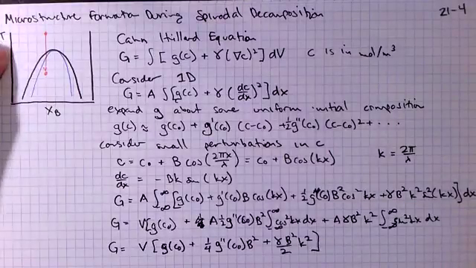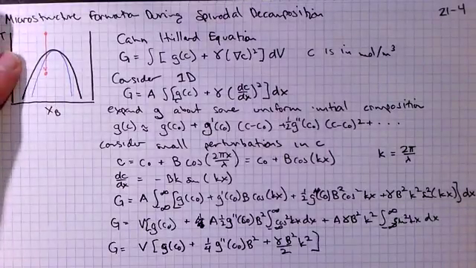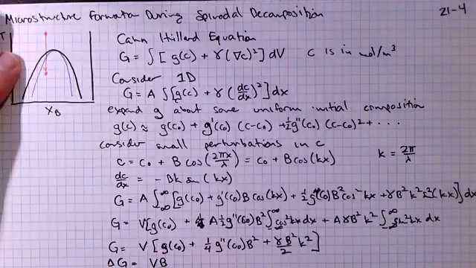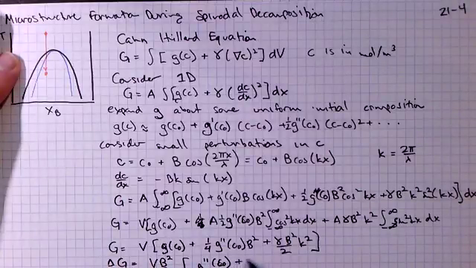Okay. Or, in other words, delta G, so if we subtract off the initial, gives us V B squared over 4 times G'' of C0 plus 2 gamma k squared.